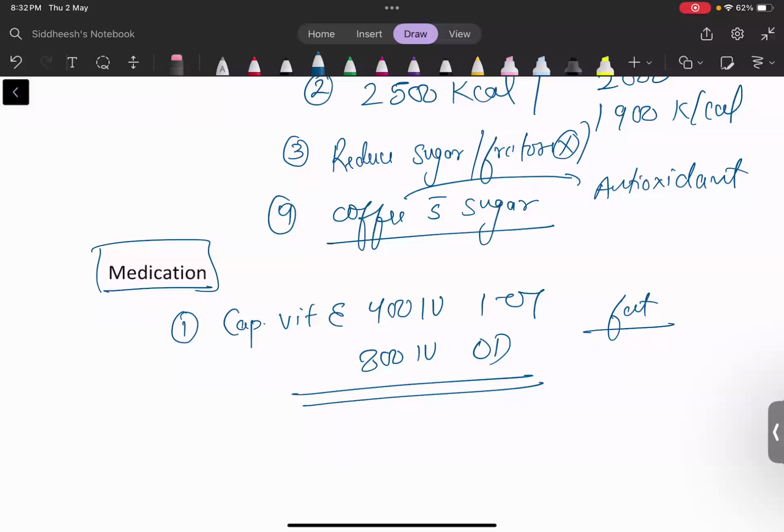There's no need to give all these heavy drugs. So back to our part. Many studies, meta-analyses, and RCTs show that capsule vitamin E is responsible for causing prostate cancer with prolonged use. So if you use vitamin E for a prolonged time, it might cause prostate cancer.